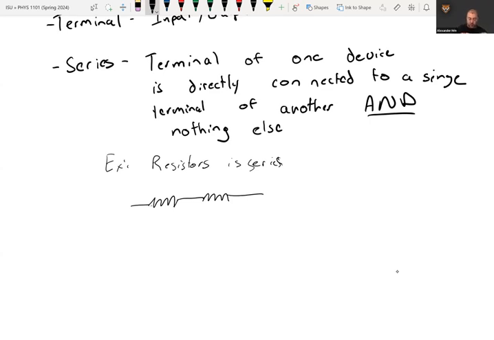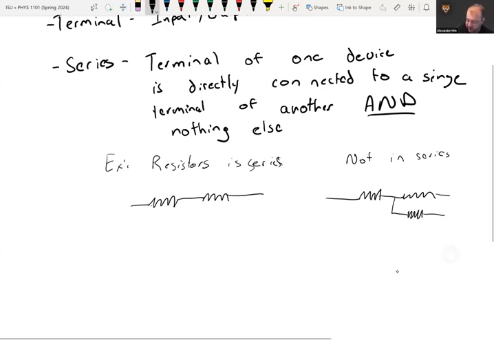Okay, so this is the idea that you have when you have things in series. Now, we put not in series over here. An example of resistors not in series would be you have something like this, and then it looks kind of like it connects to another one, but you have this other branch that connects to something else. Now, those are not in series.